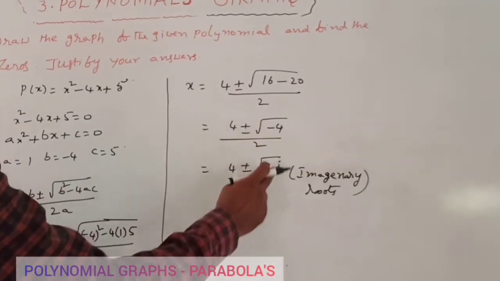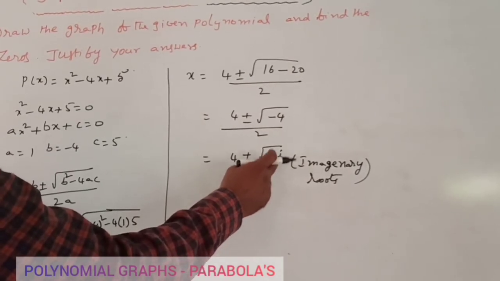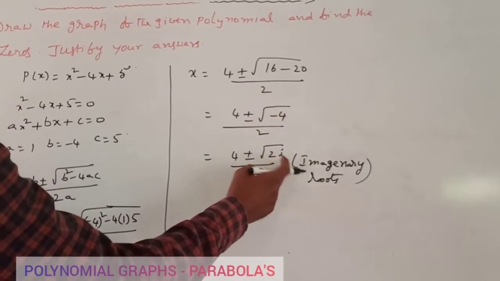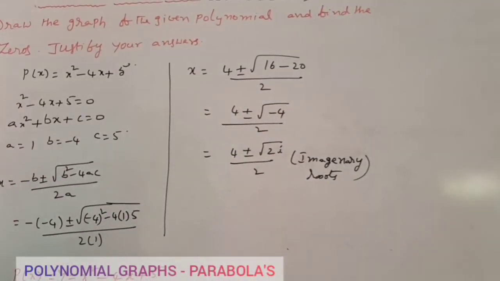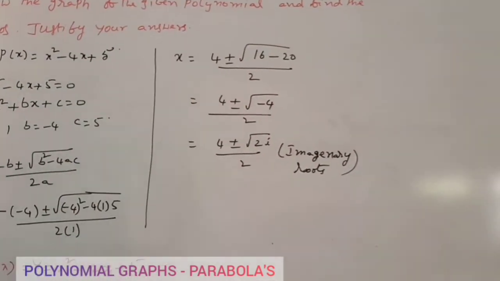The square root of minus 4 is 2i, that means imaginary roots. There are no negative values under a real square root. So there are no real roots, and we draw the graph.